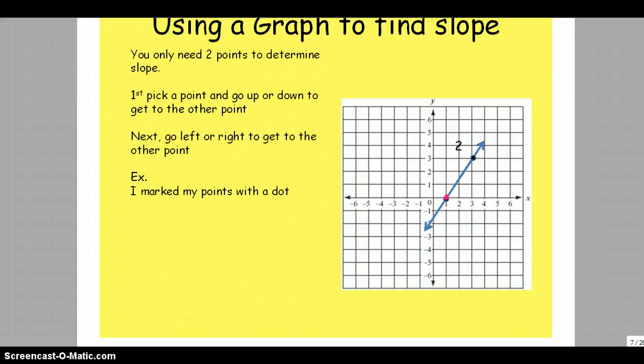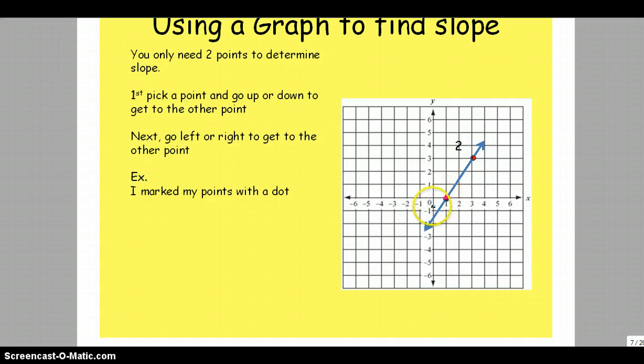So first we're going to use a graph to find the slope. So my 2 points are marked with a dot. Now when I give you something like this and I want you to use the graph to find the slope, the line will cross at precise intersections. It won't be anything where you've got to guess what it is. It will cross right where those two lines meet.